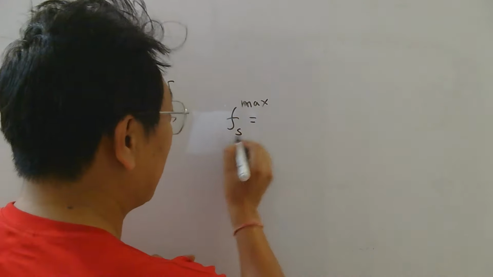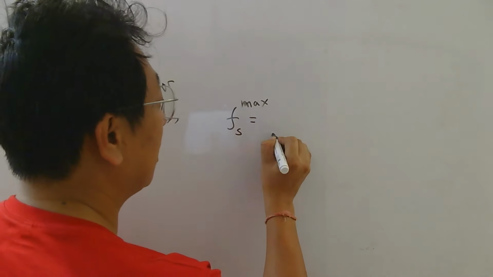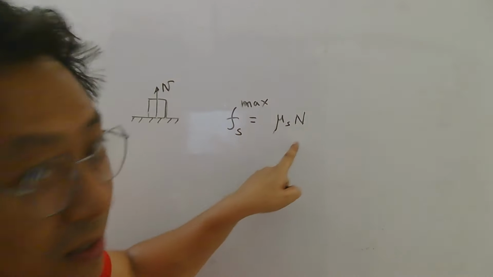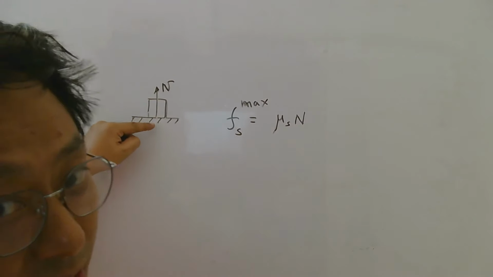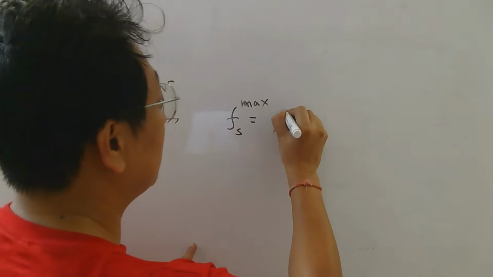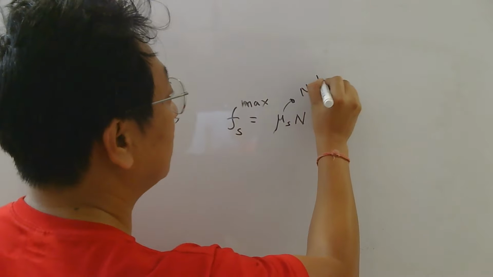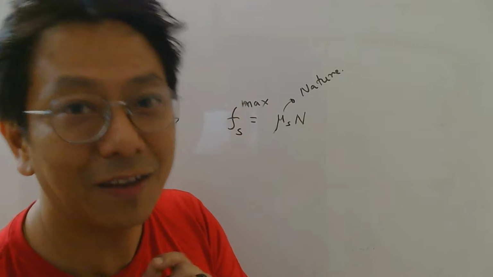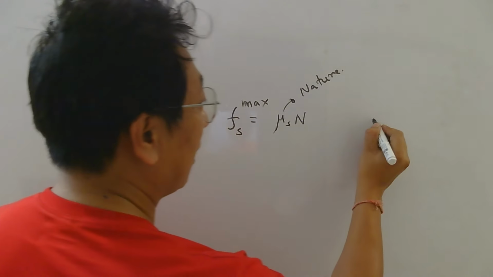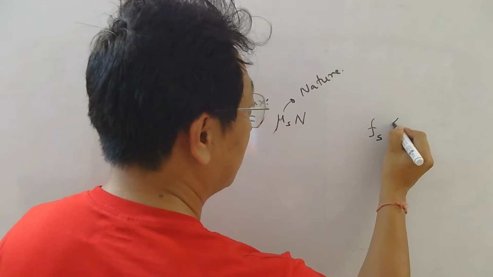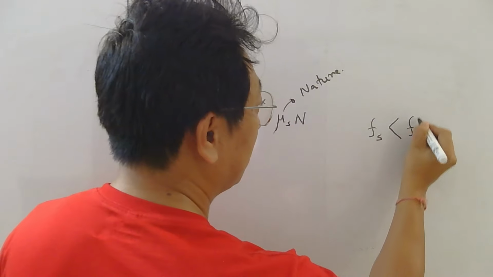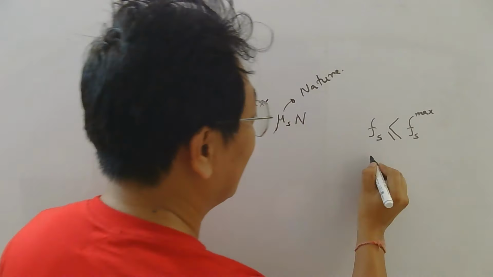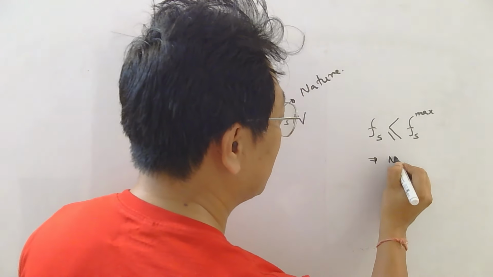So the maximum value of static friction has a formula given by mu s into N. N is the normal force between the surfaces in contact, and mu s depends on the nature of the surfaces in contact. It is called the coefficient of static friction. So as long as your static friction is less than or equal to the maximum static friction, there is no slipping.